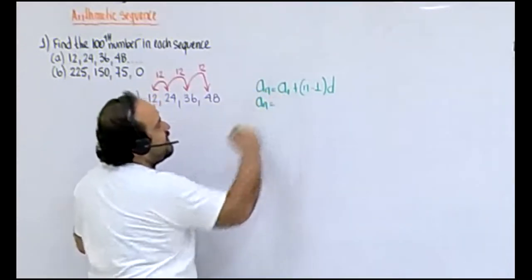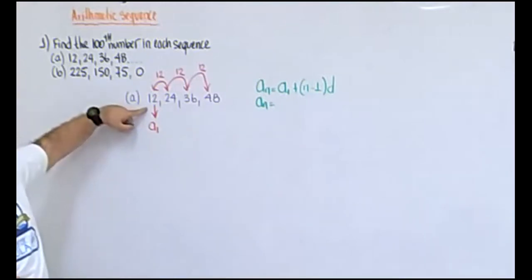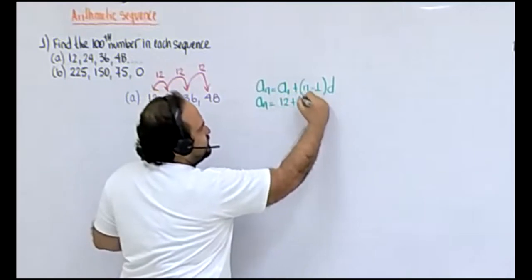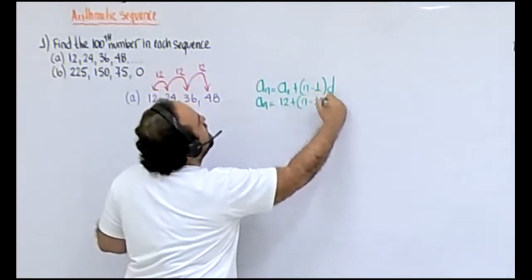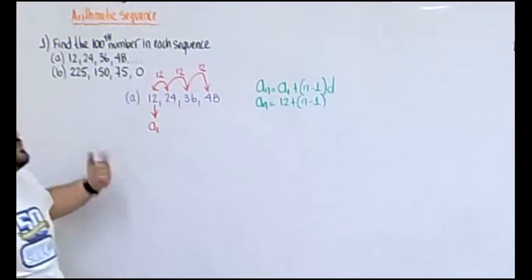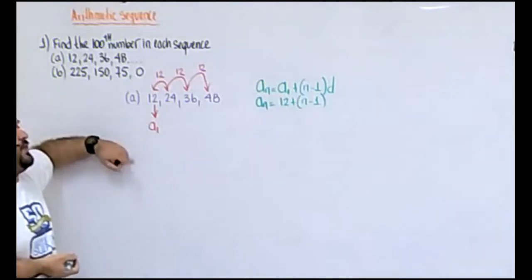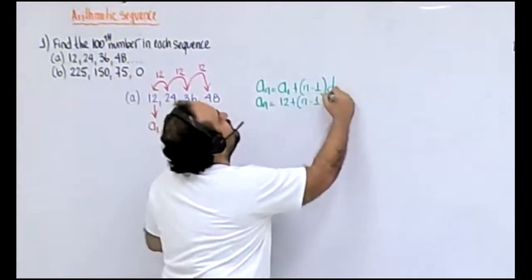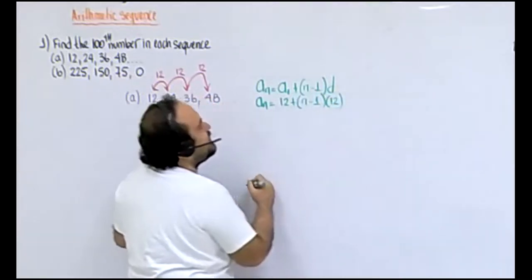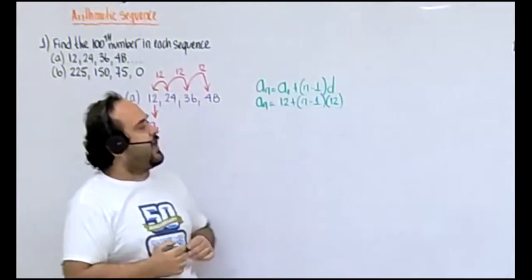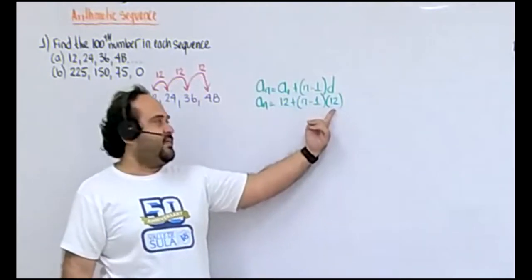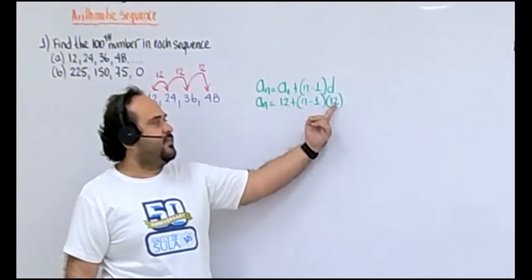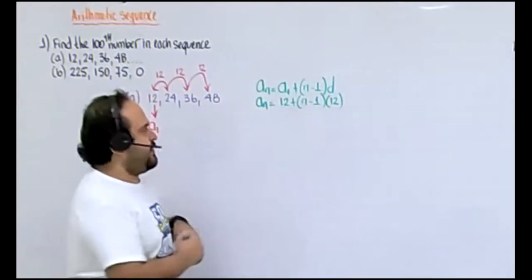What is the value of A1? 12. It is 12, right? Excellent. 12 plus n minus 1, because we need to create the algebraic expression, and the common difference will be 12. Excellent. Now we apply the distributive property: 12 multiplied by n, and 12 multiplied by -1.